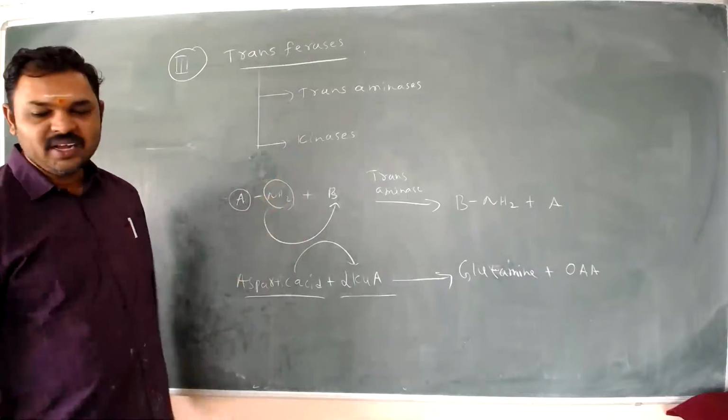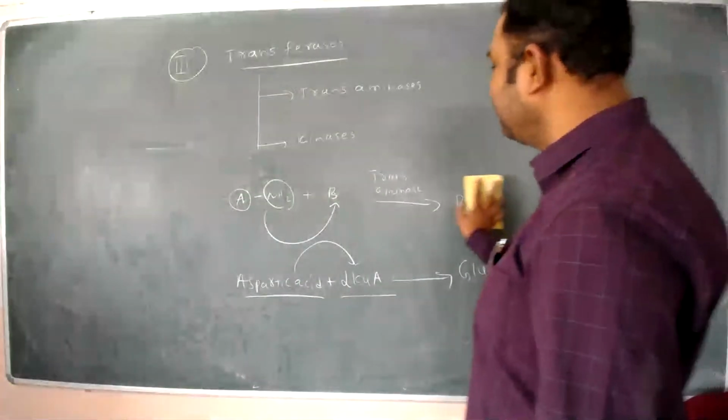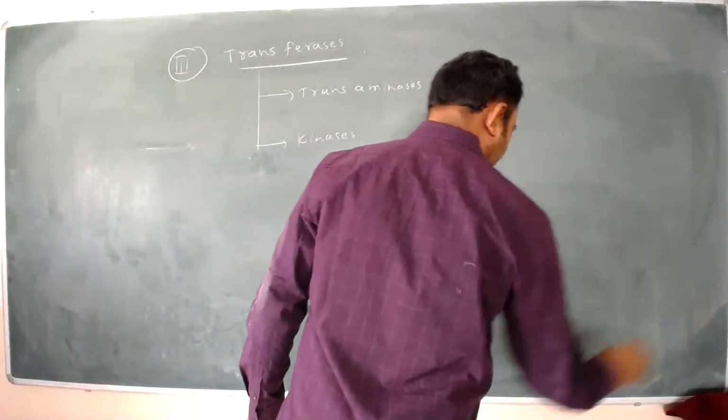Then the second one, let us discuss the kinase. What is the kinase? It can transfer a phosphate group from a substance to ADP.